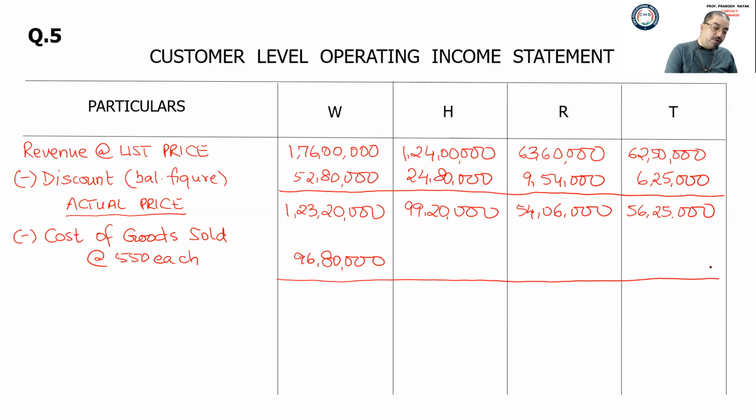Then 550 cost into 200 into 62 is 68 lakh 20,000. Then 550 into 30 into 212 is 34 lakh 98,000.